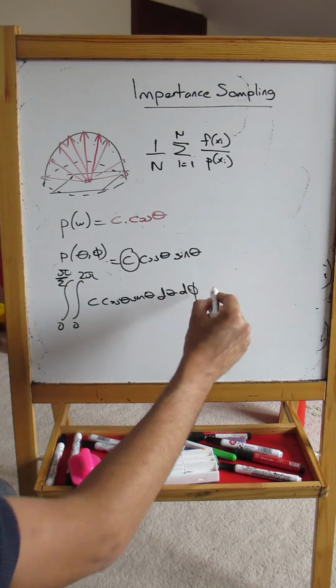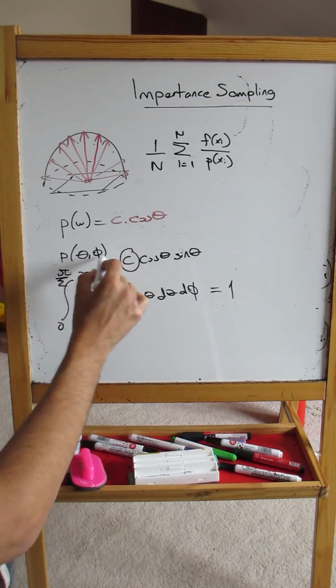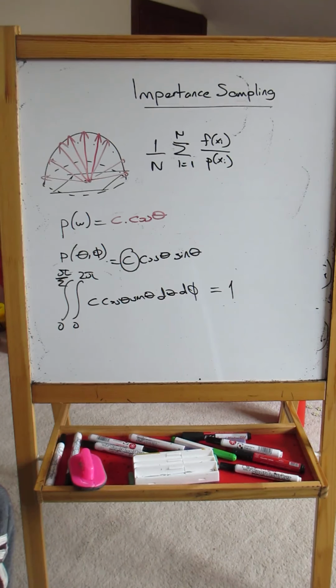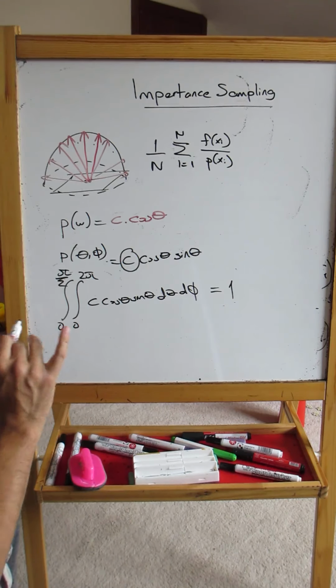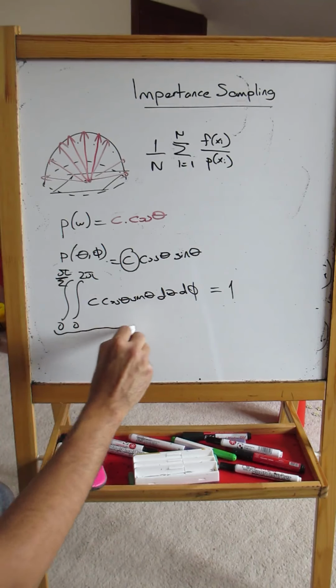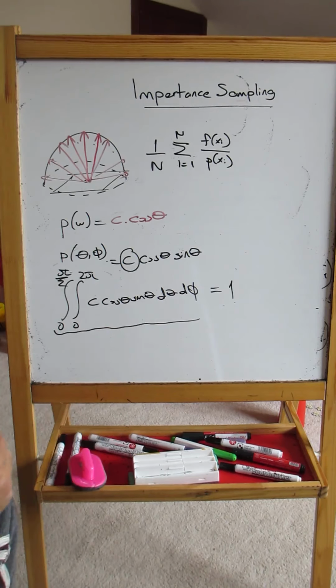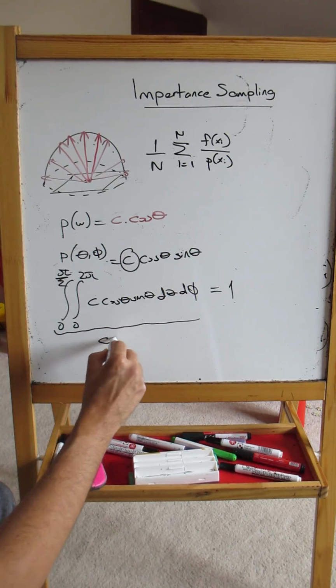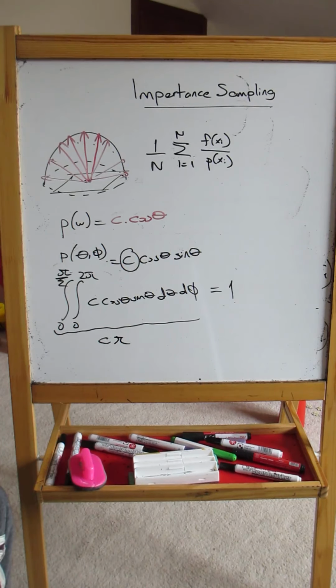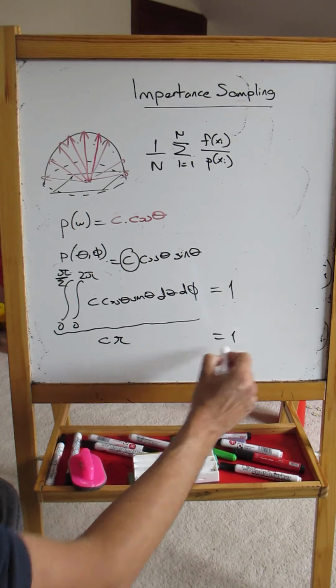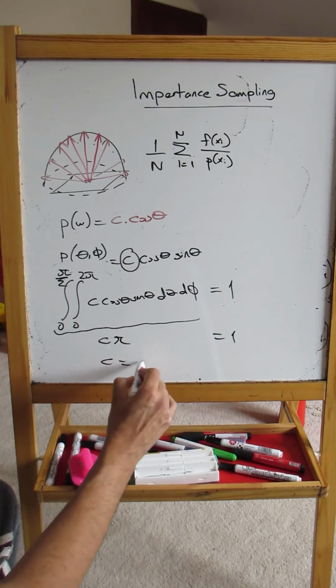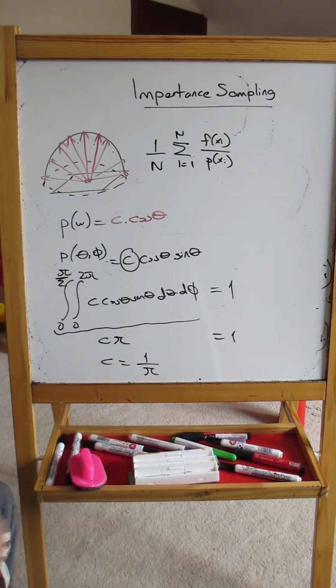This is supposed to give us 1, for this to be a proper probability density function. I'm not going to derive this again, but we learned before that this integral evaluates to C times pi. Now C times pi is equal to 1, so from here C becomes 1 over pi.